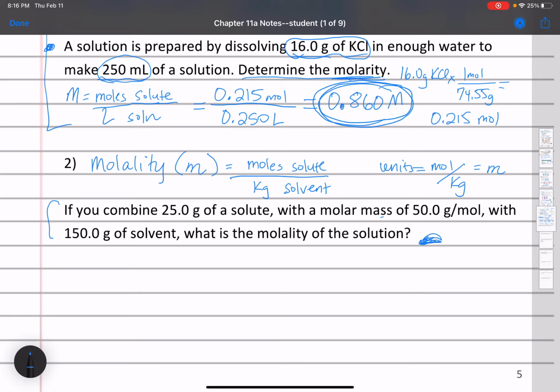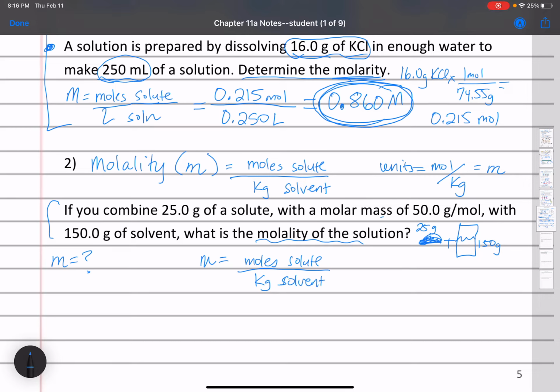So here's my solute, and it says I have 25 grams, and I'm combining that with solvent, 150 grams, and it wants to know the molality of the solution. So I'm trying to find molality, and I know that molality is moles of solute over kilograms of solvent. So I need to find these things.